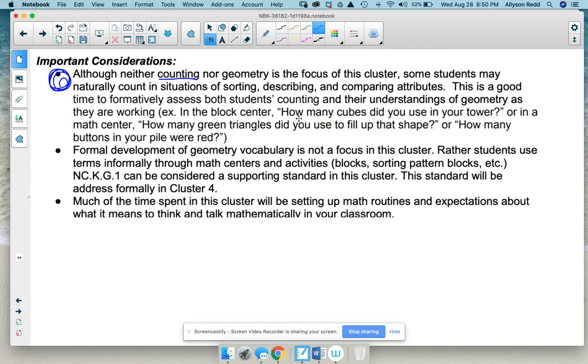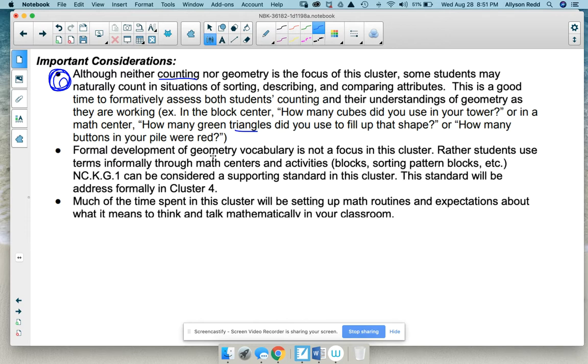So to do that informally, you can ask them questions such as, well, how many cubes did you use to build your tower? Use words like how many triangles or how many green triangles. And so that way you're just collecting some information, nothing important. We're not assessing them, just collecting some data. Okay.